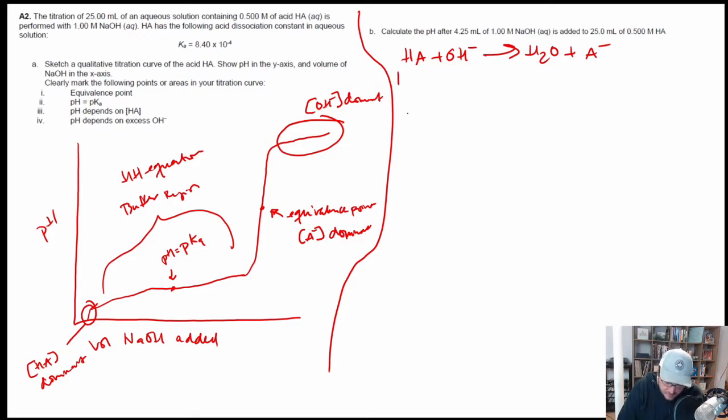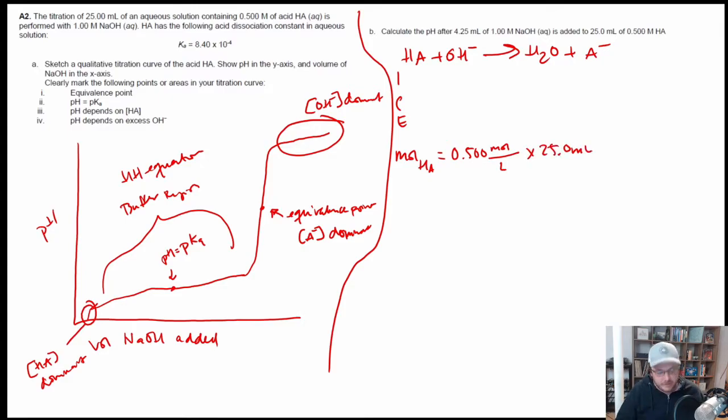So what we're going to do now is set up an ICE table right here. The first thing we need to figure out is how many moles of HA we have. So the moles of HA is equal to the concentration of HA, 0.500 moles per liter, multiplied by the volume, 25.0 milliliters.